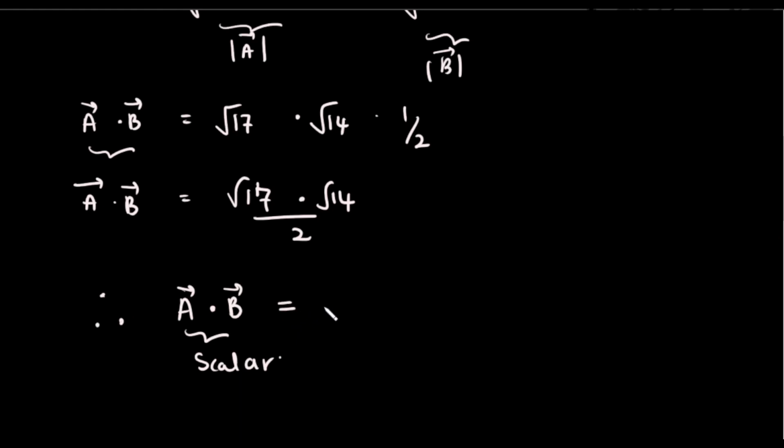That means you can write A dot B equals B dot A. These two have the same meaning, because these two are scalars. There is no problem in writing that.